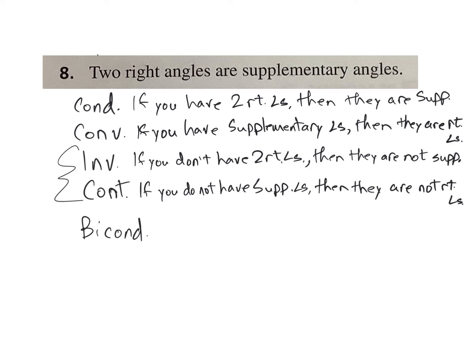And then the biconditional. Two angles are right angles if and only if they are supplementary angles.